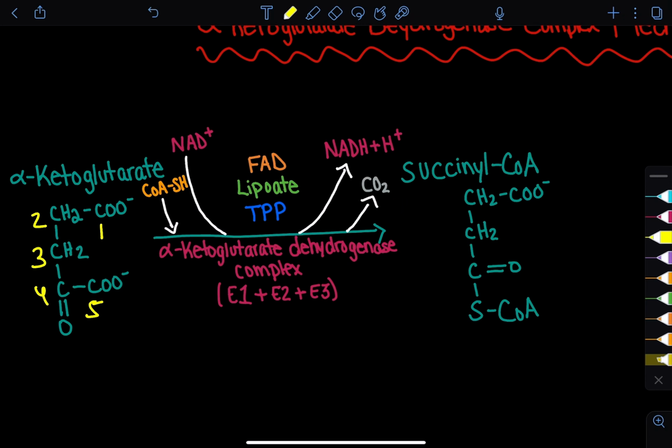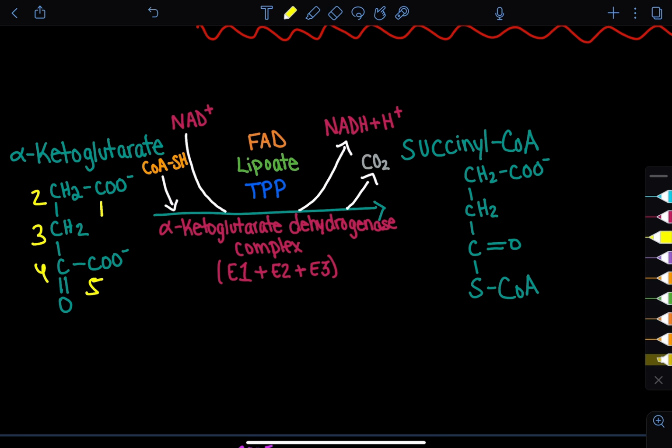What else is important that we should make note of? Well, we're going to be reducing NAD plus into NADH and H plus. And then once again, we have 3 prosthetic groups: FAD, lipoate, and TPP. Now, these 3 prosthetic groups have specific locations in this complex, and they are covalently linked to the enzyme. So essentially, alpha-ketoglutarate dehydrogenase complex is made up of 3 subunits.